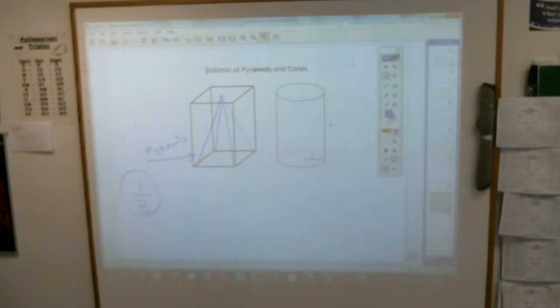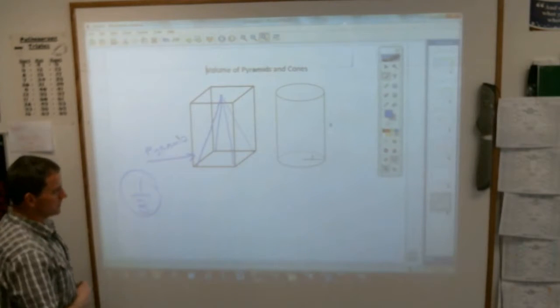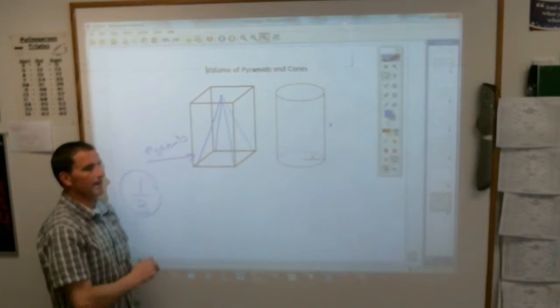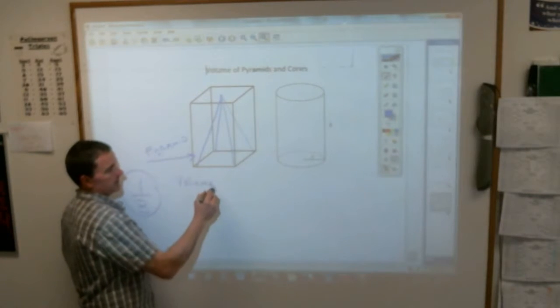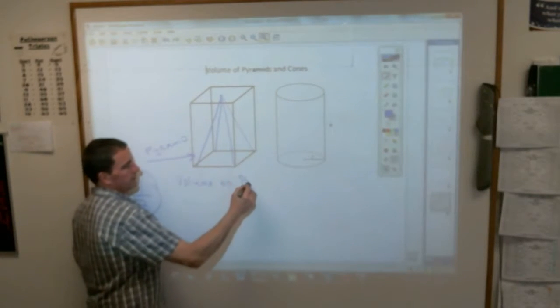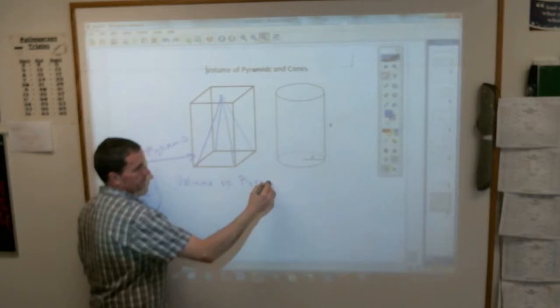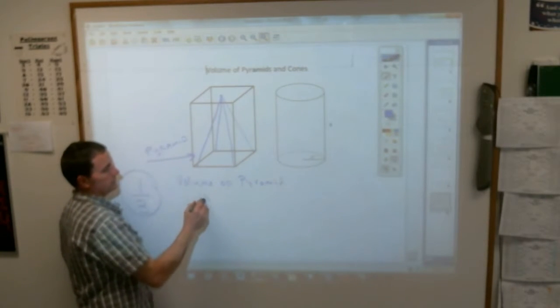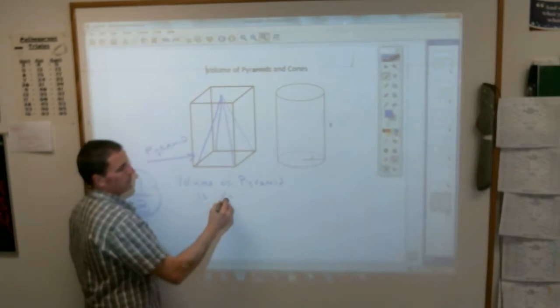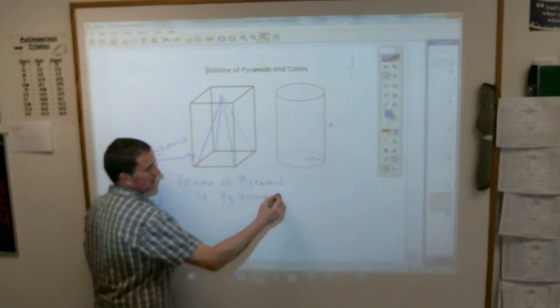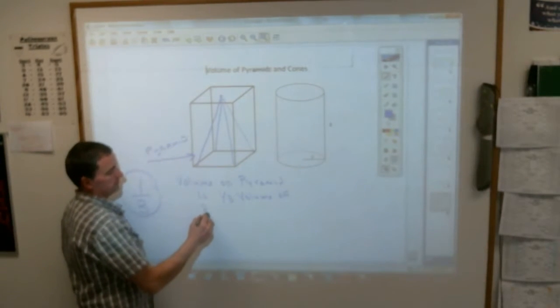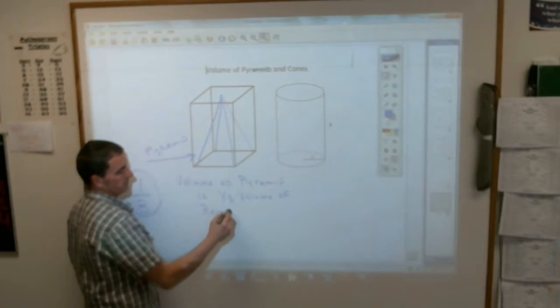The lesson for today is that the volume of a pyramid is exactly 1/3 the volume of the rectangular prism which holds it.